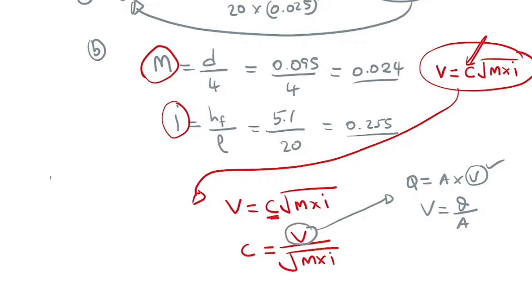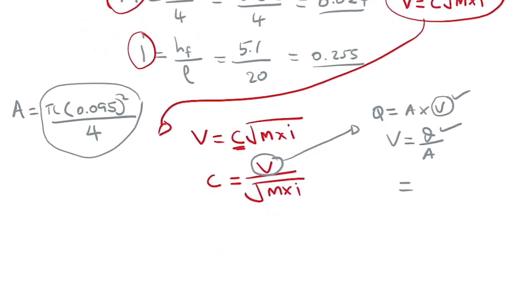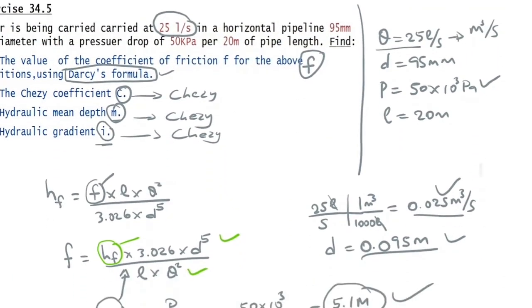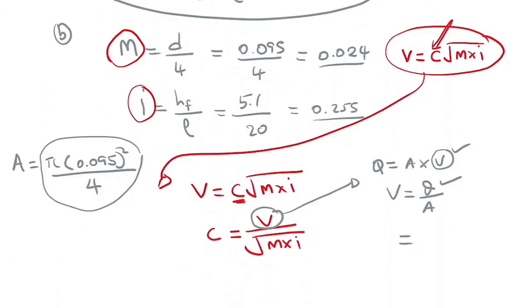The area is pi times the diameter, 0.095, squared, divided by 4. Going back to put in this formula, our flow rate we converted is 0.025, times 4, all divided by pi times 0.095 squared.